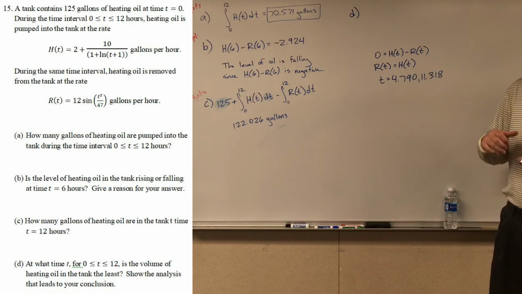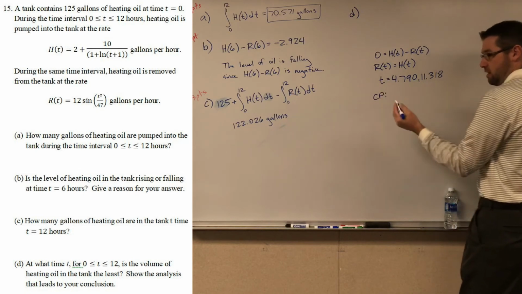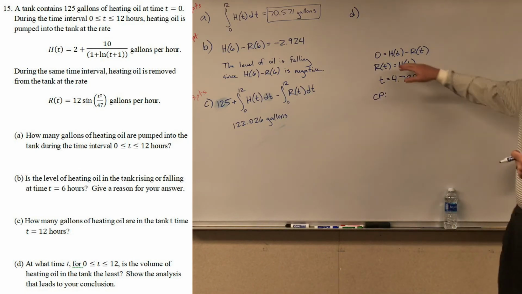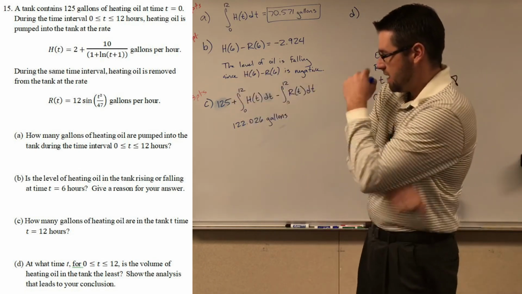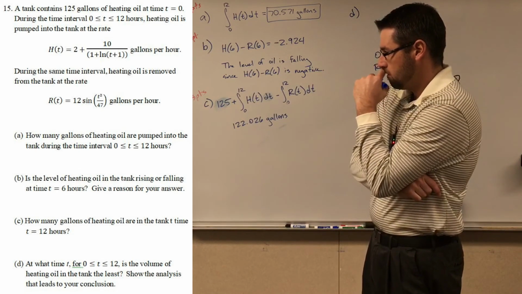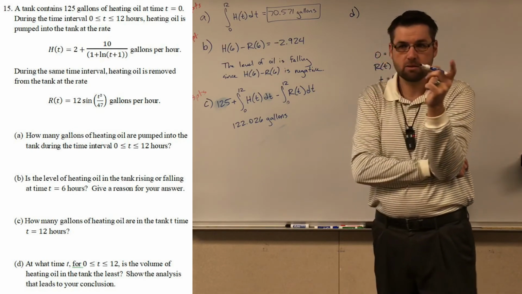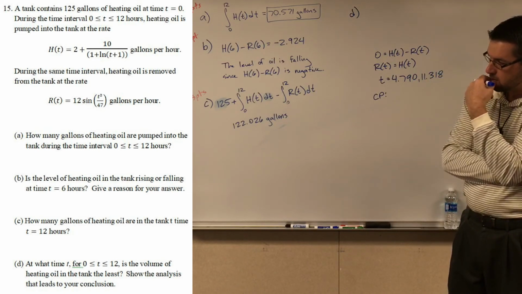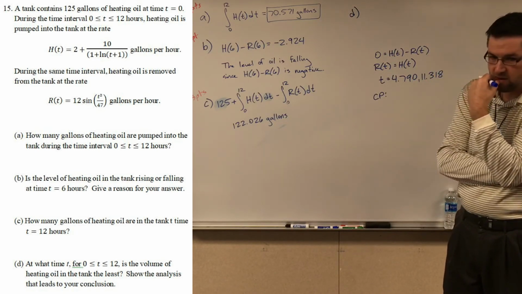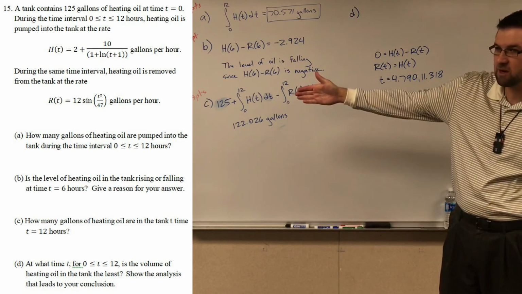Now, we have to look at all critical points. What are other critical points? At endpoints, and when h of t minus r of t does not exist. Well, where does that happen? When does this function not exist? Because natural log of t plus 1, right?